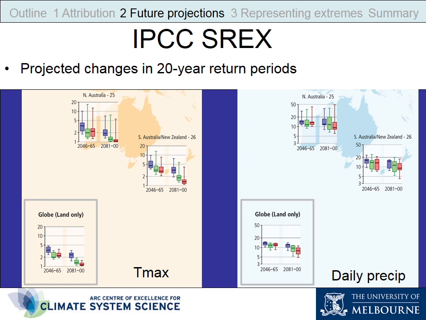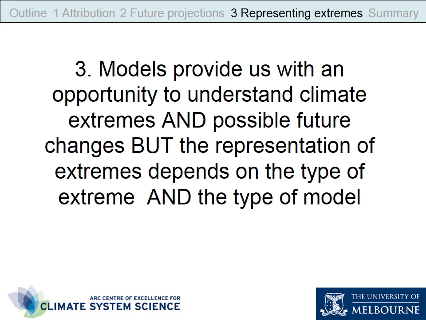There's nothing particular about these examples. They're just examples that I've picked out to show how we can project changes in the frequency of particular extremes, and these are under different scenarios that have been modelled using various climate models.